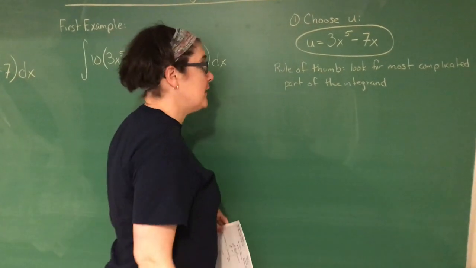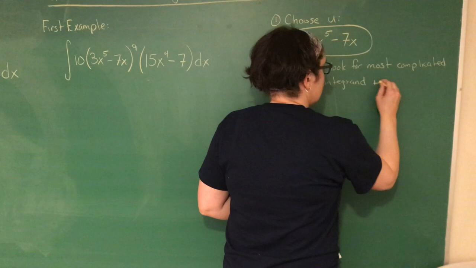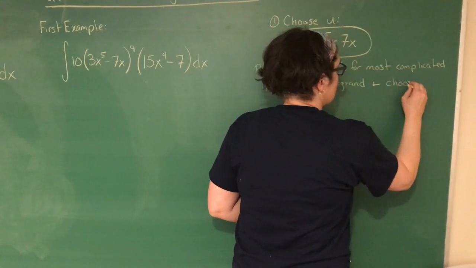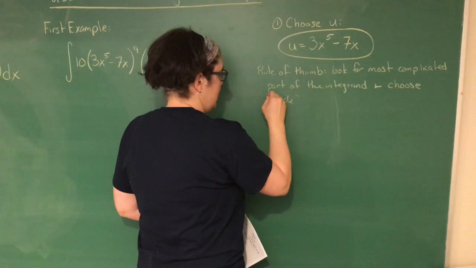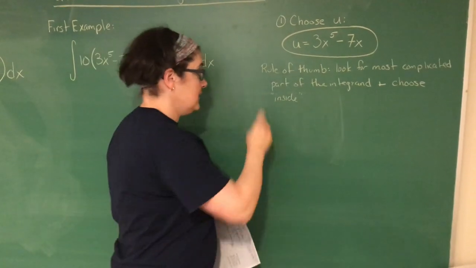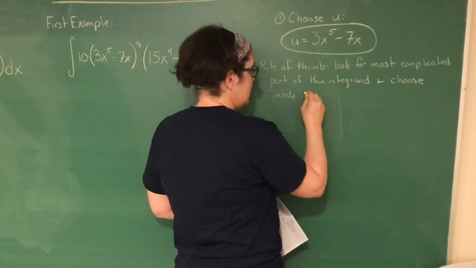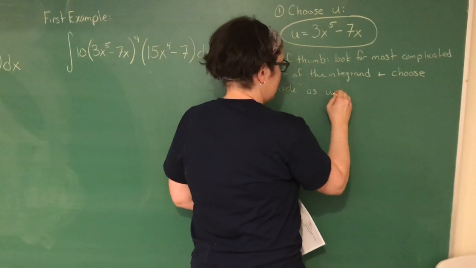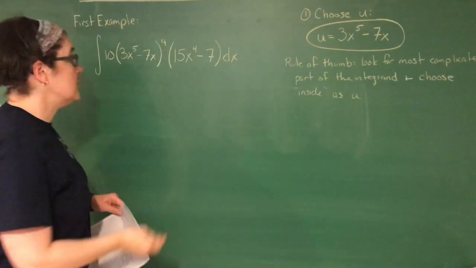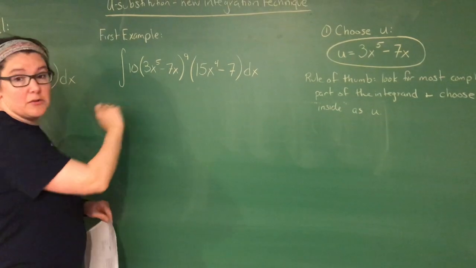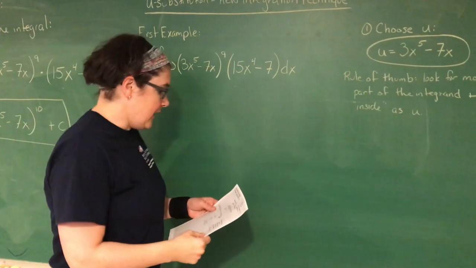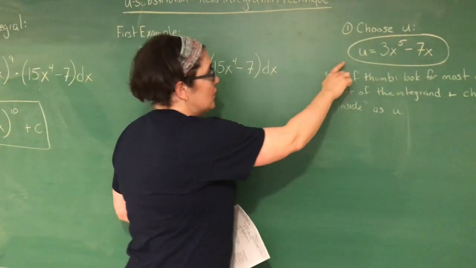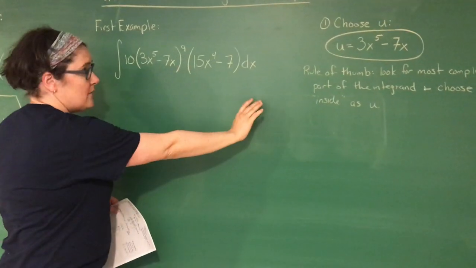So look for the most complicated part of the integrand and choose the inside of that complicated part as your U. In this case, we chose U to be 3x to the fifth minus 7x. That is step 1.